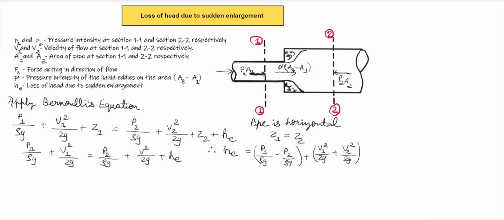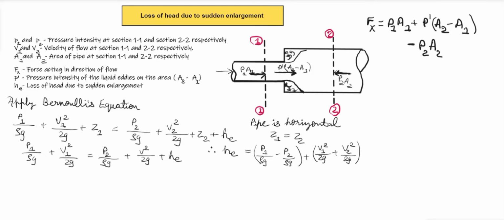For P2A2, we'll have a negative sign because it is in opposite direction to the direction of the flow. Therefore, we'll write Fx is equal to P1A1 plus P dash into A2 minus A1 minus P2A2.